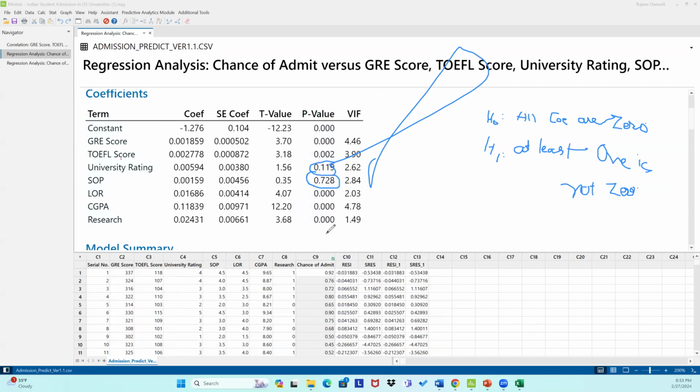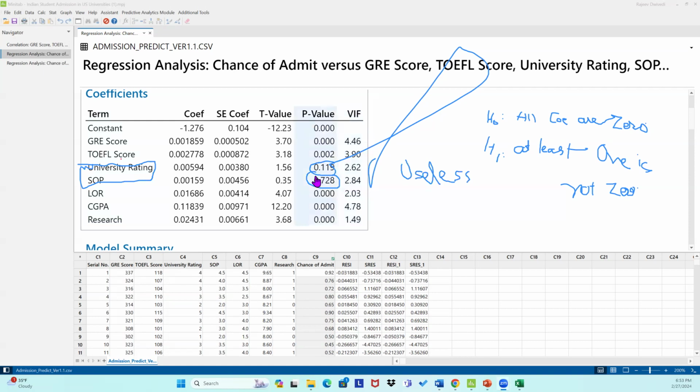So basically these two variables are useless in the model. It means if you make a model, these two variables don't have any significant contribution.